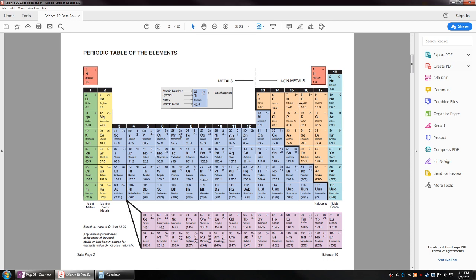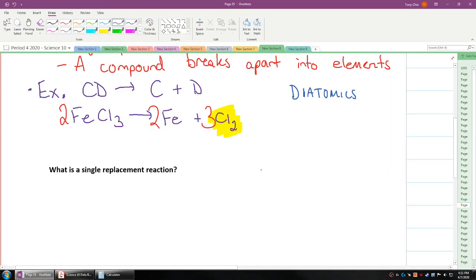You call it hydrogen plus the 7 because it forms the number 7 in the periodic table. Or the other way is an acronym called Hofbrinkel, which stands for hydrogen, oxygen, fluorine, bromine, iodine, nitrogen, and chlorine. These are the diatomic elements.